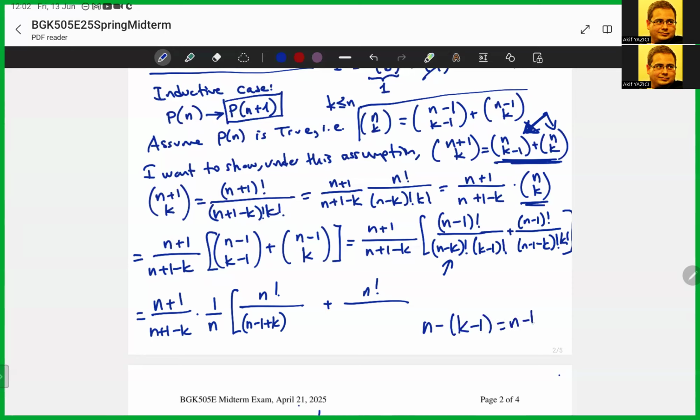So that is n minus k plus 1. So I want n minus k plus 1. What I do have is n minus k. So I need an extra term of n minus k plus 1. So I need to put that here, n minus k plus 1. And that's k minus 1 factorial. Is that what I also want? Yes, k minus 1 appears here.